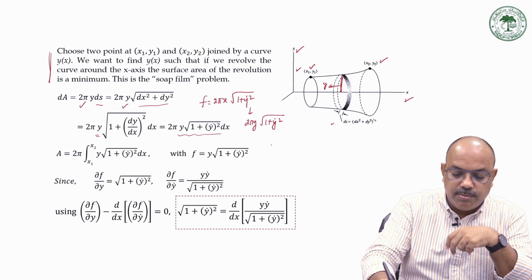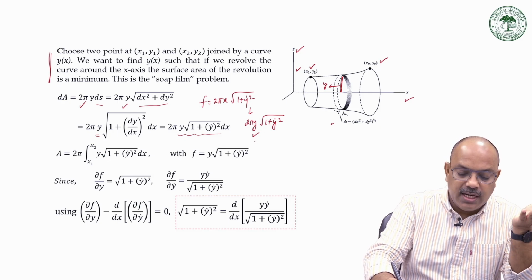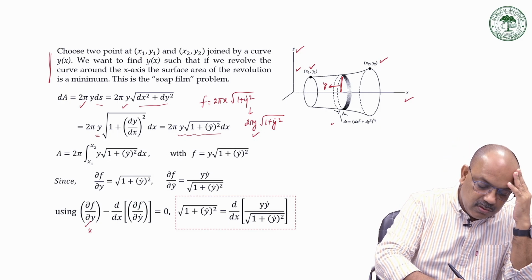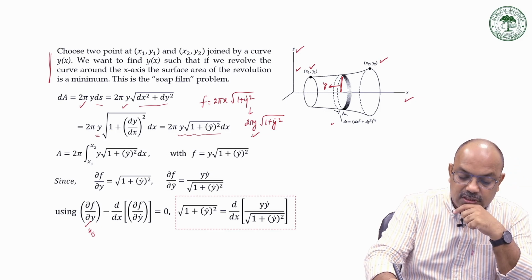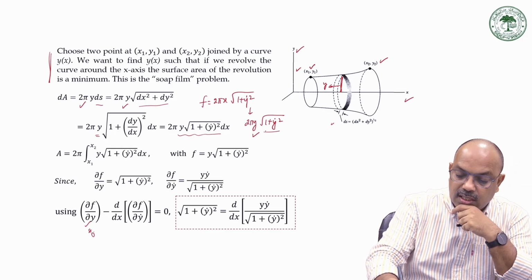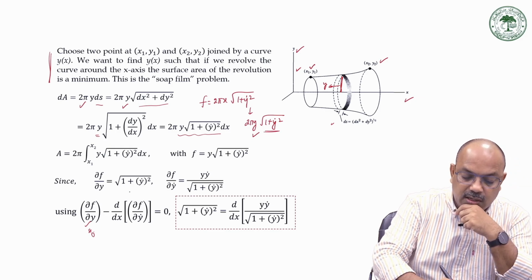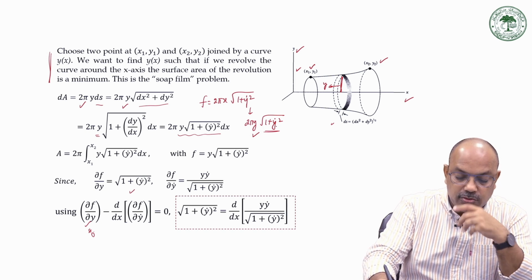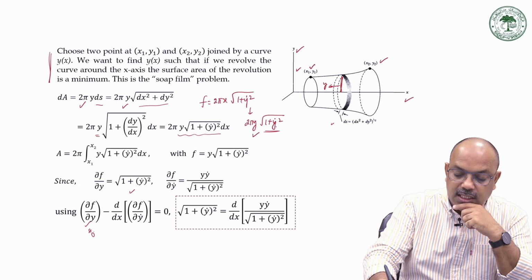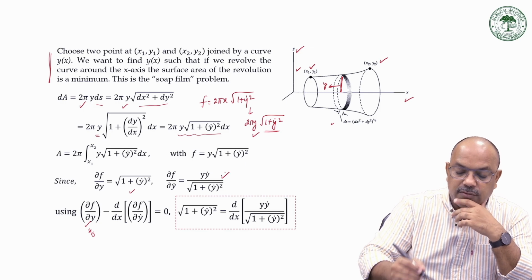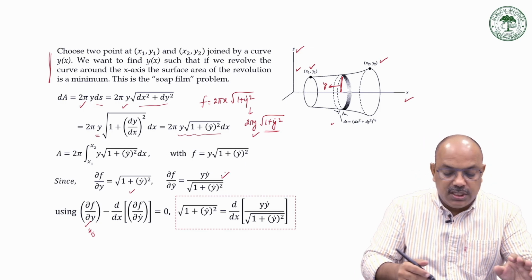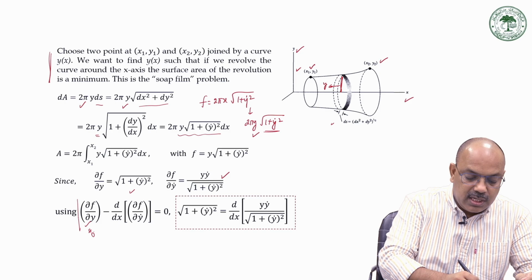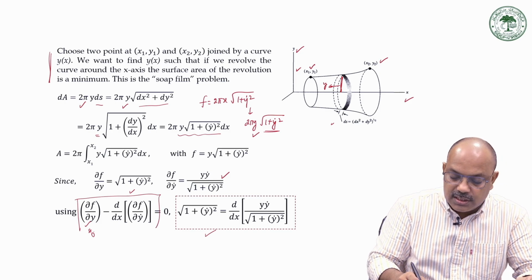So now this depends upon y. Earlier my del f by del y was 0. Now my del f by del y is not 0. It is going to be twice pi times the square root of 1 plus y dot square. Twice pi if you take common, and then df by dy dot is y dot over the square root of 1 plus y dot square. If you put it into this Euler-Lagrange equation, what you are going to get is this.